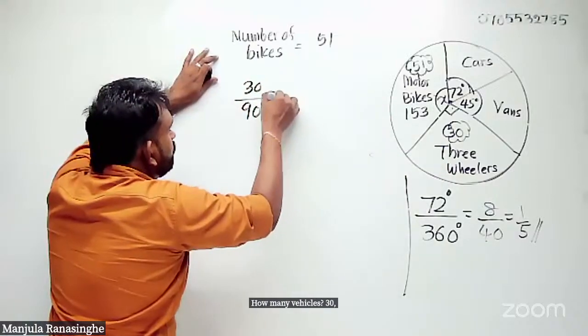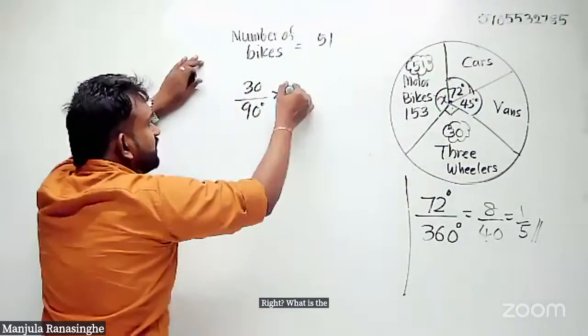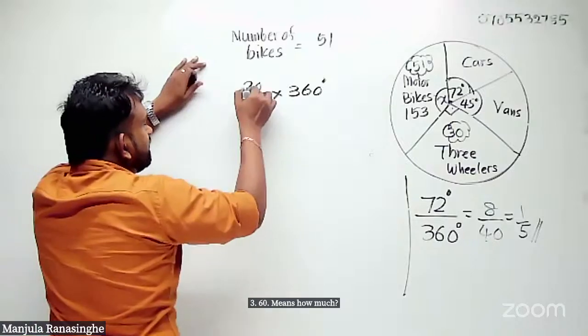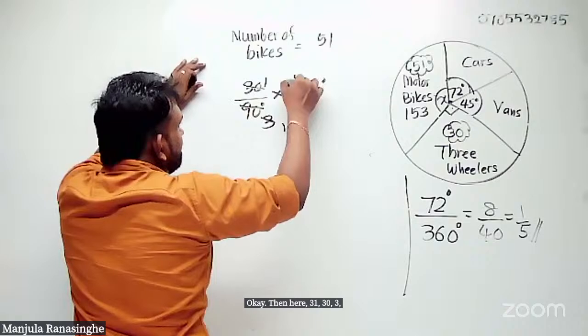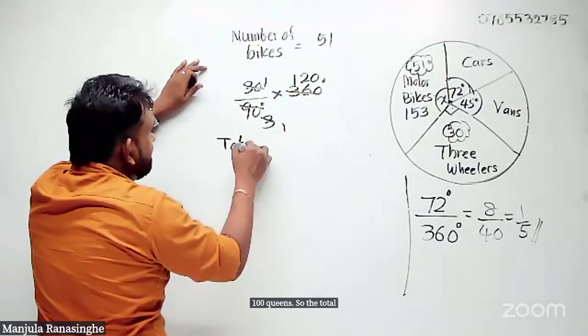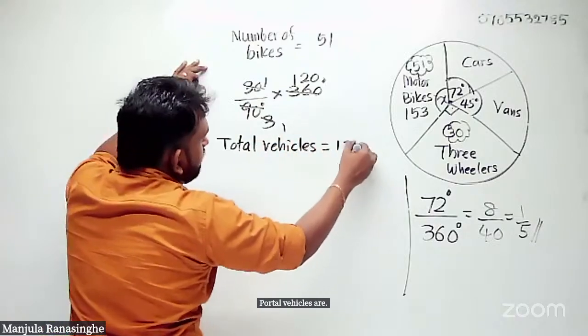If that is so, what is the total vehicle representation? 360 means how much? So the total vehicles are 120.